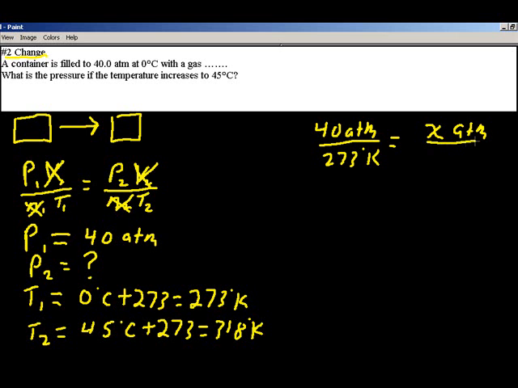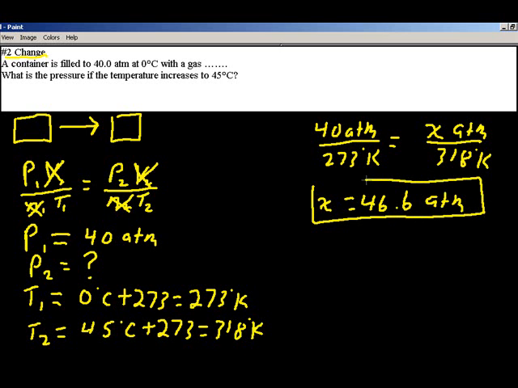That's what I'm looking for, and it's 318 degrees Kelvin. And when you run it, you get 46.6 atm. That is going to be equal to x. So now I have solved it.